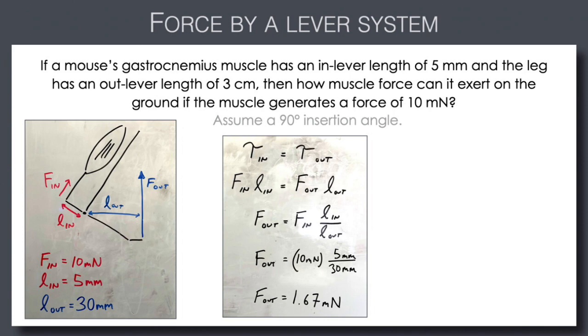Here we focused on torques and forces, but you can also start from the premise that the work I'm putting in, the product of the force and the amount of shortening, is equal to the work out. In this case, it's a static situation, so there's no work in, so you wouldn't need to do that.